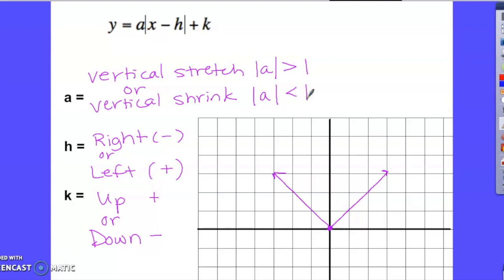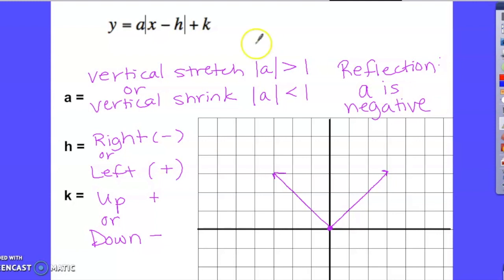The other thing that it's going to tell us is whether it is a reflection or not. The reflection comes when you have an a value that is negative. So these things are really important.